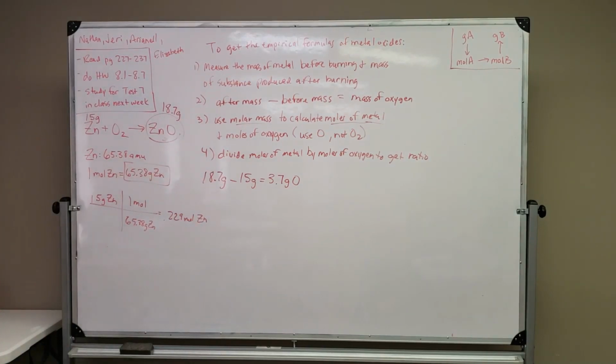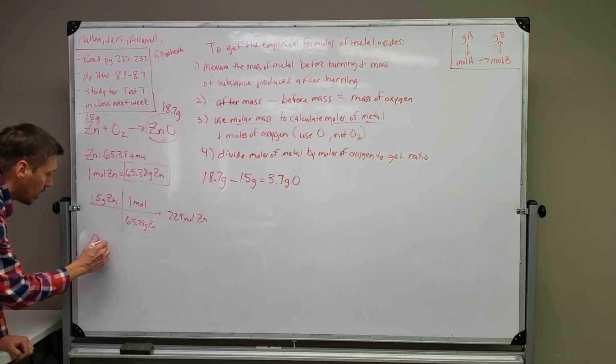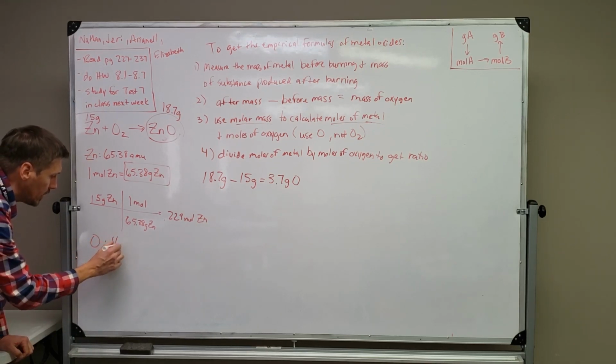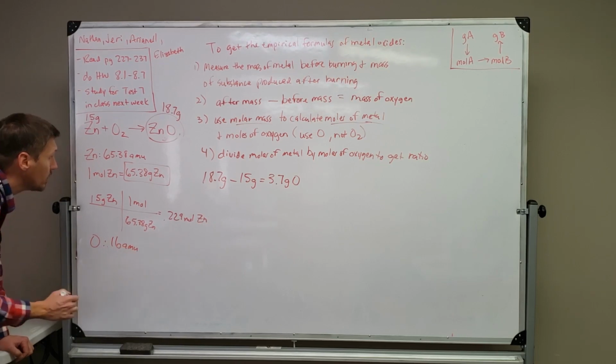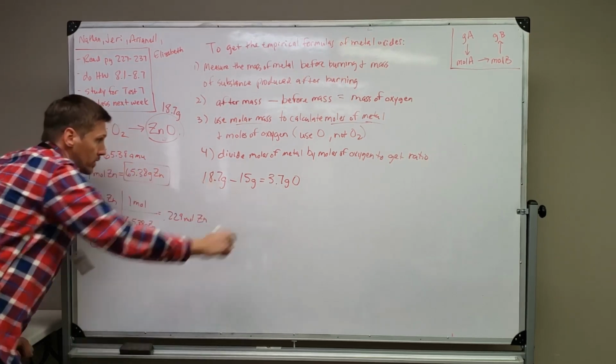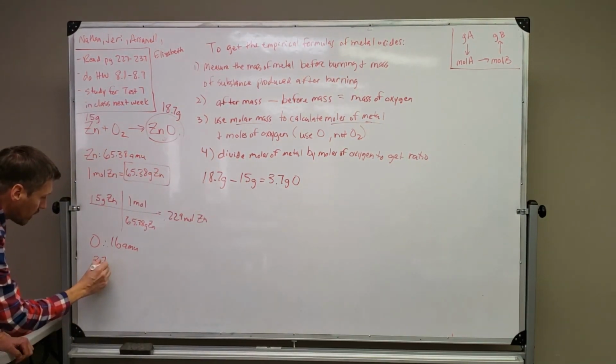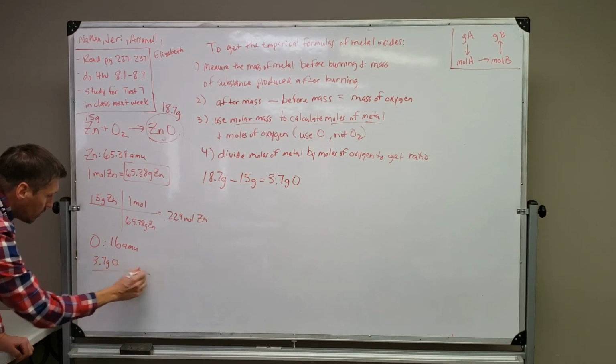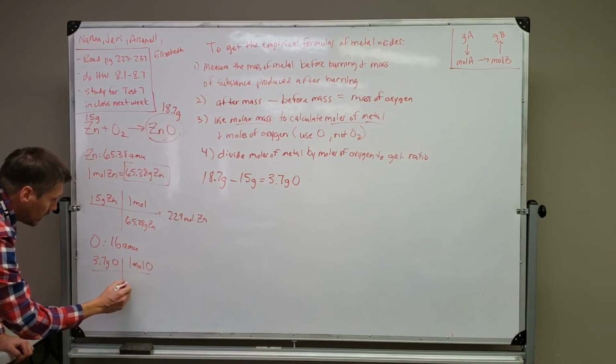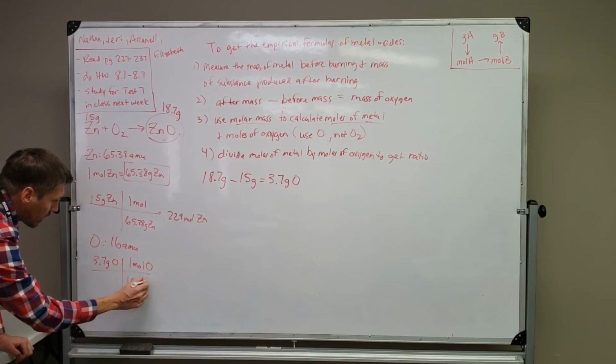Now let's use the molar mass of oxygen to calculate the moles of oxygen that we have. And we know with oxygen that oxygen has an atomic mass of 16 AMU. So if we end up with 3.7 grams of oxygen, we multiply that, 1 mole of oxygen equals 16 grams of oxygen.